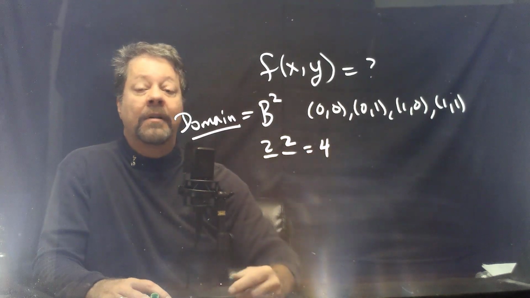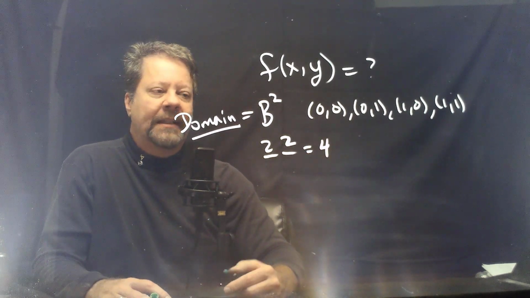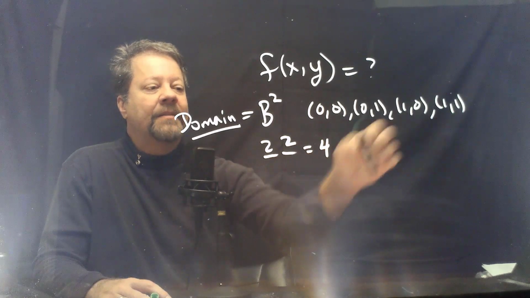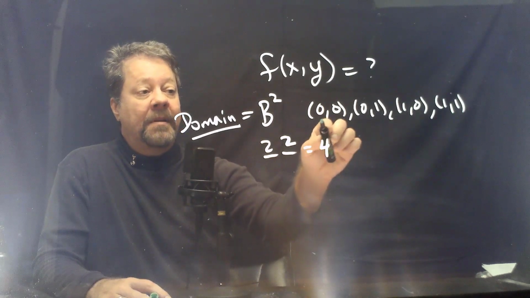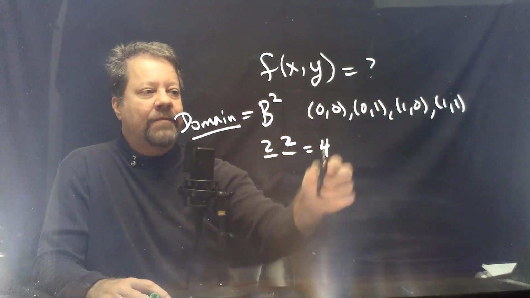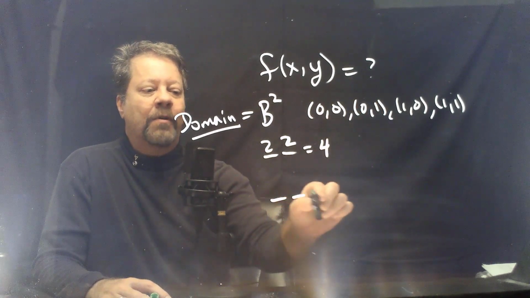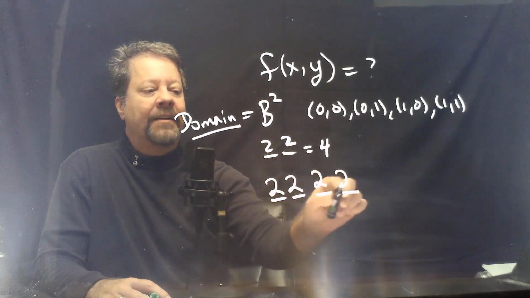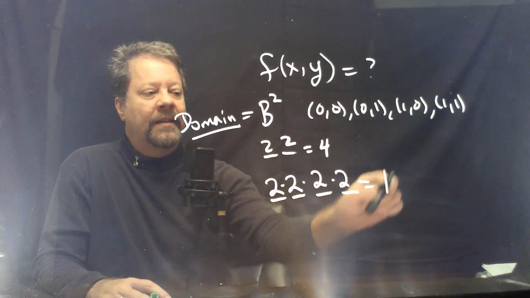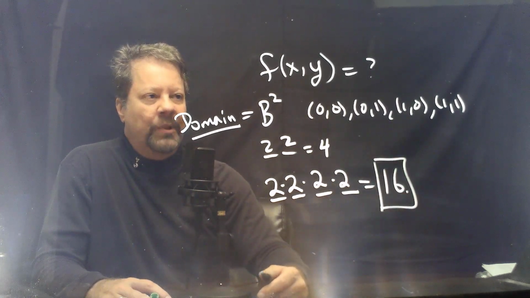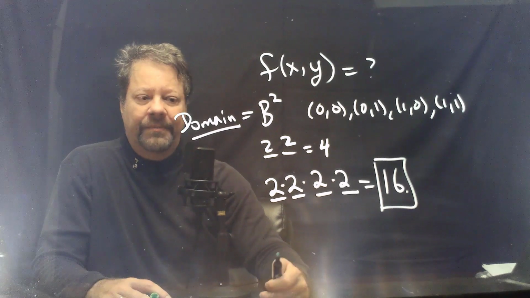That gives you 4 different possibilities. Each of these 4 possibilities is assigned a value either 0 or 1. So these 4 possibilities represent 4 spaces that you can fill with 2 possible values. That gives you 16 possible Boolean functions of degree 2.